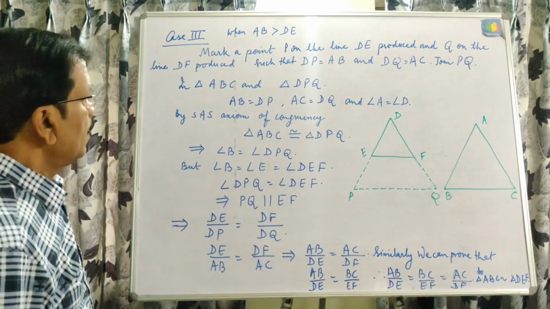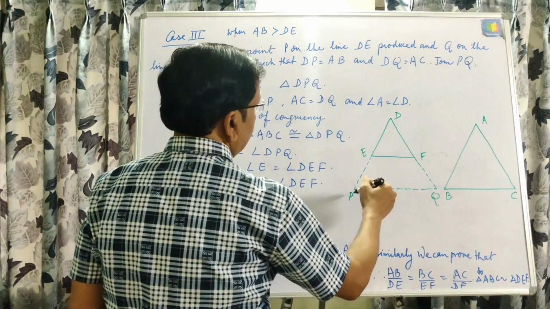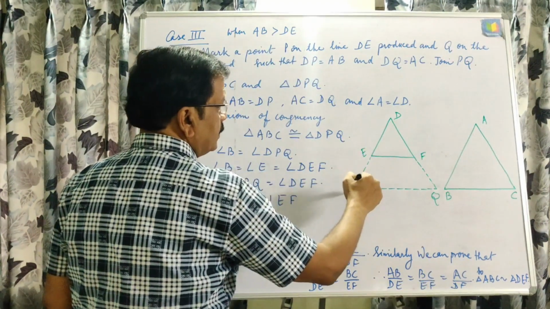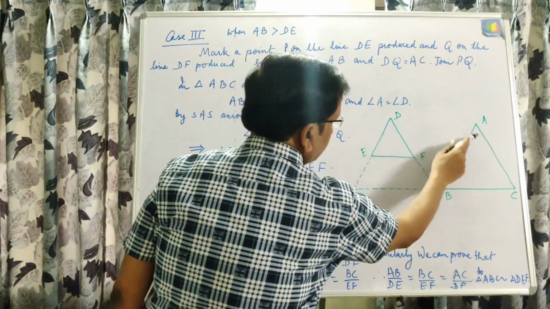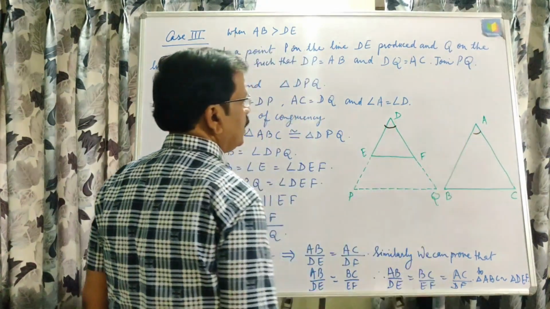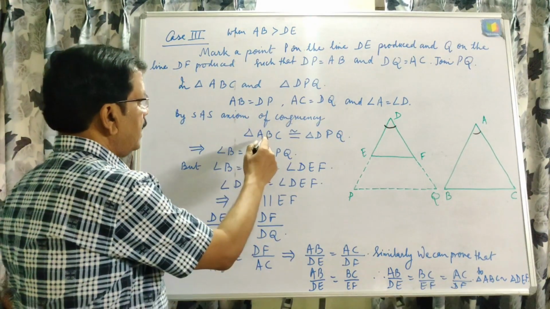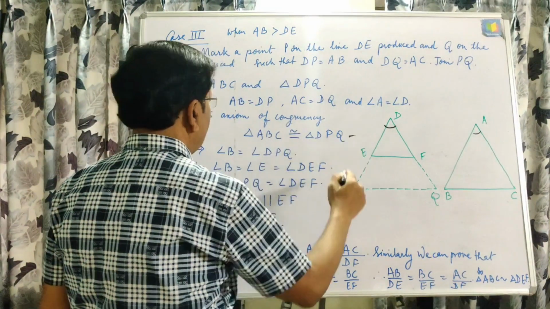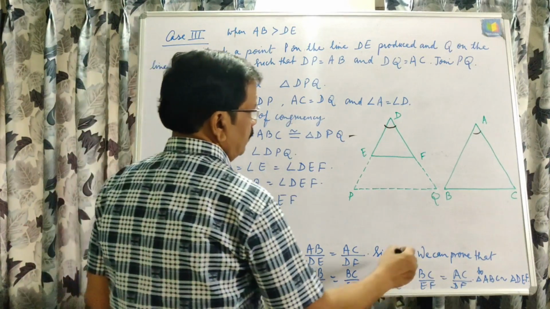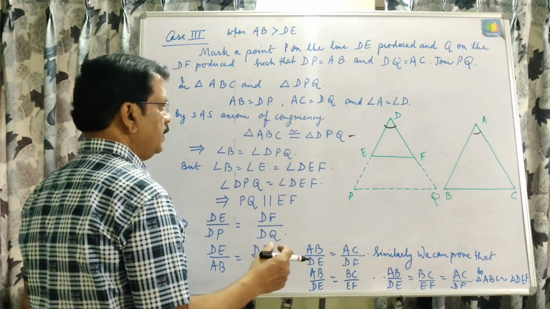Then by the SAS axiom of congruency, because AB is equal to DP from these two triangles and DQ is equal to AC, and since these two angles are equal because of being equiangular triangles, these two triangles are congruent. If these two triangles are congruent, then by CPCT, their corresponding sides and angles will be equal.